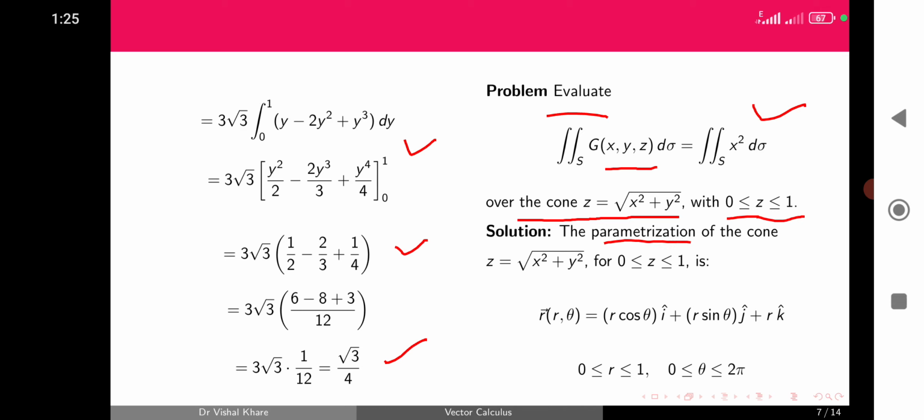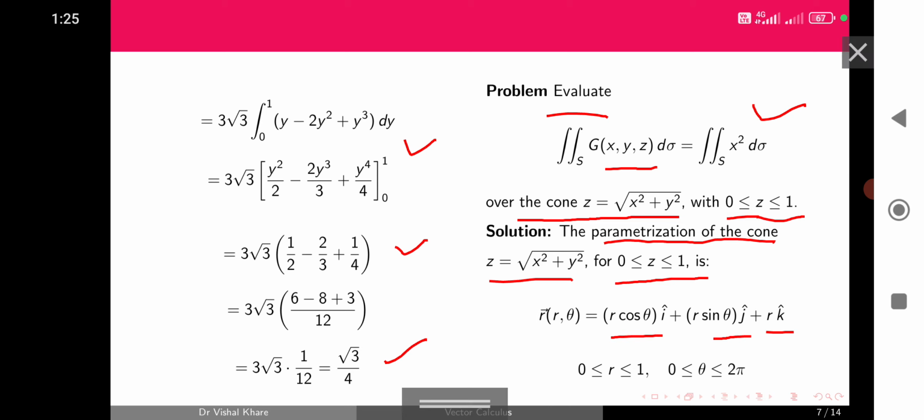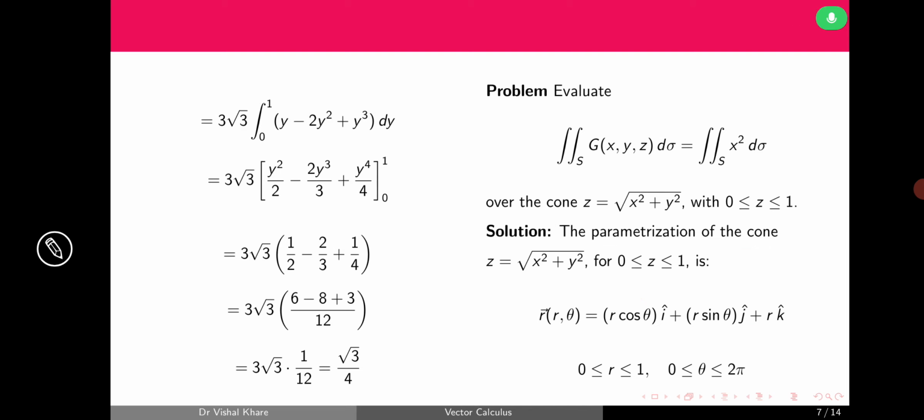Solution: the parameterization of the cone z equal to root of x squared plus y squared for 0 less than or equal to z less than or equal to 1 is vector r(r, theta) = r cos theta i + r sin theta j + r k. This is the value of x, this is the value of y, and this is the value of z. The limit of r lies between 0 and 1, and theta lies between 0 and 2 pi.